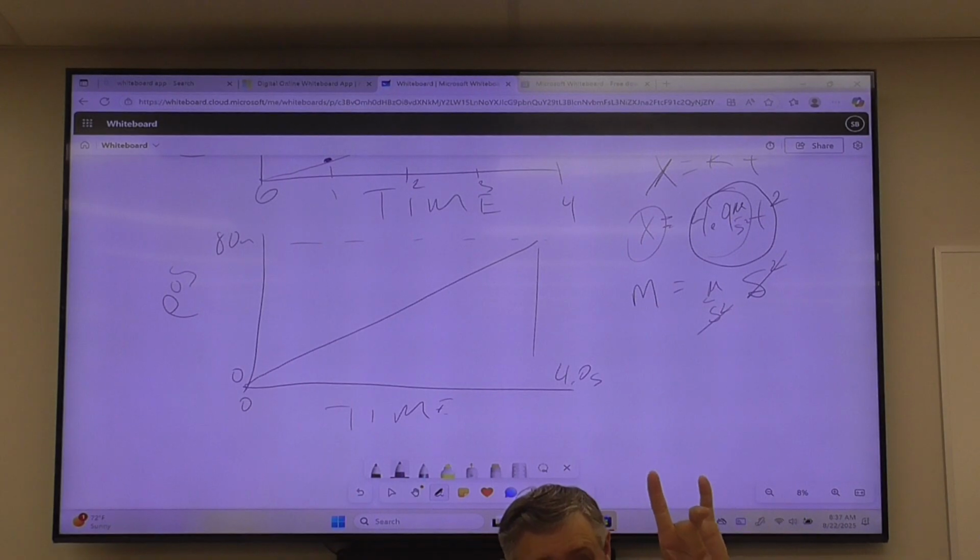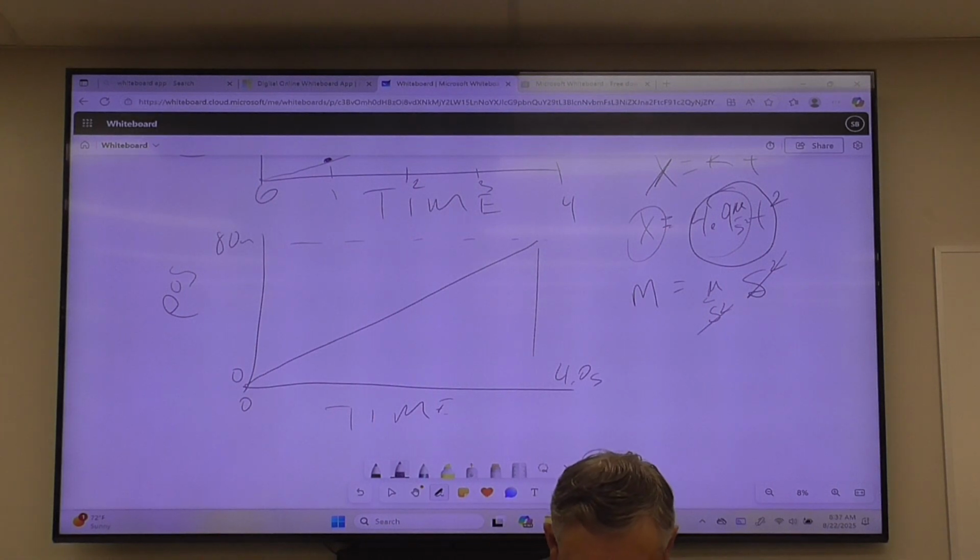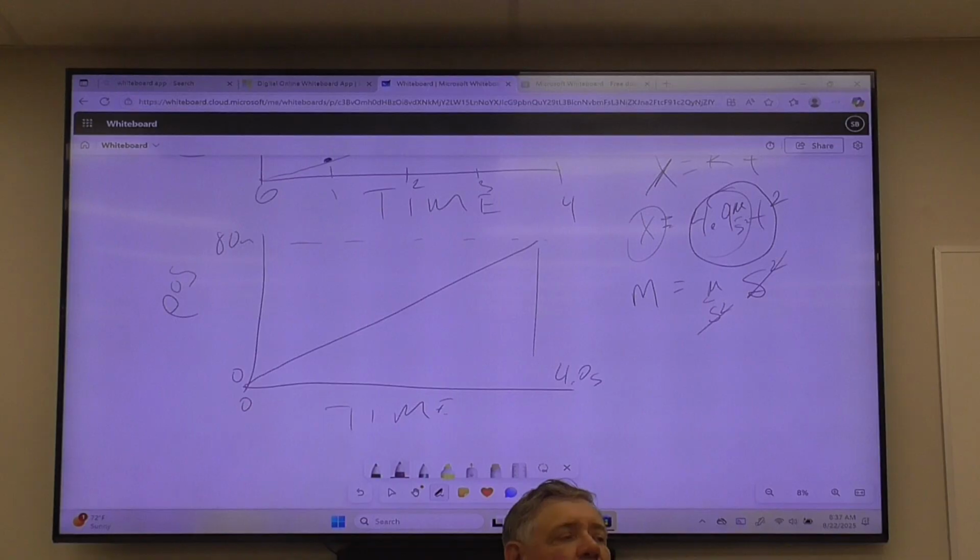If it had been a linear function, we start at 0, 0, and the other point is 80 meters in 4 seconds. Could you find the slope of that line? Yeah. And what would the slope of the line be? 20, meters per second. 20 is the math answer.